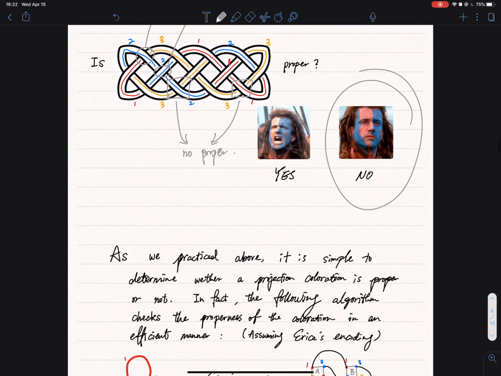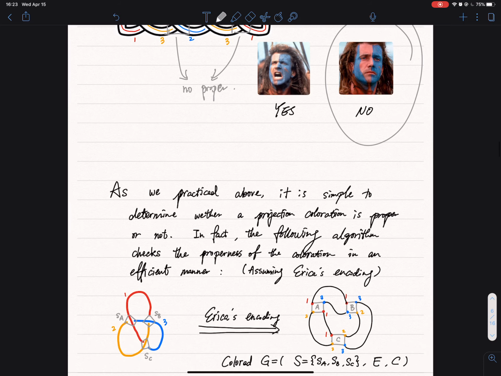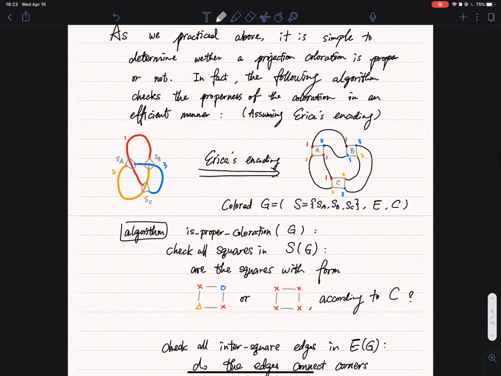Now we'll see that for some of the knots it's really hard to make interesting proper colorations, and we can determine that using an algorithm we defined. So using Erica's encoding, we now have this set of crossings represented as each of the blocks. We can convey this color information in the graph by assigning the colors on the corners of those blocks or squares.